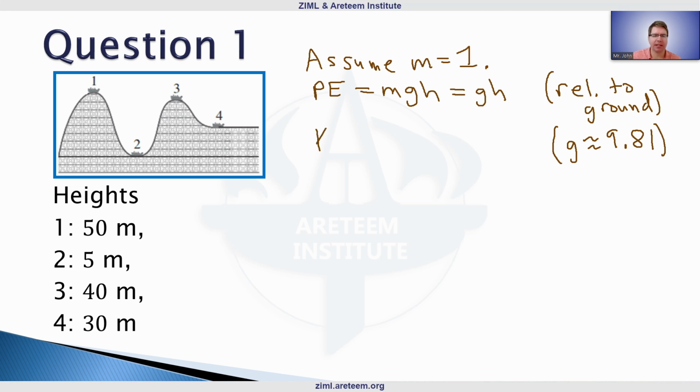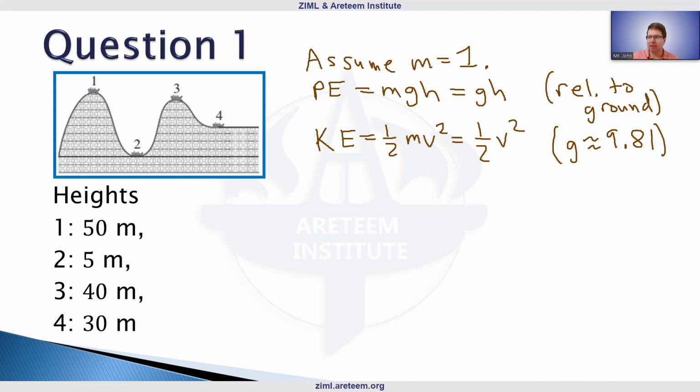And our last piece is a reminder of the kinetic energy, 1/2 mv squared, which, because mass is 1, is just 1/2 v squared in this scenario. Now, what is our key idea? Our key idea is that the energy doesn't change.